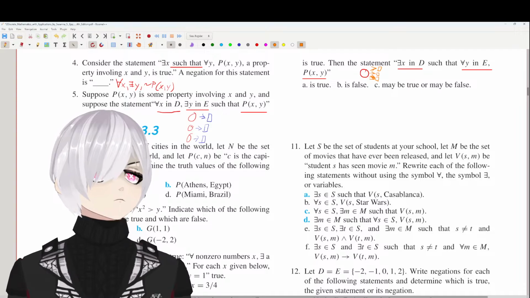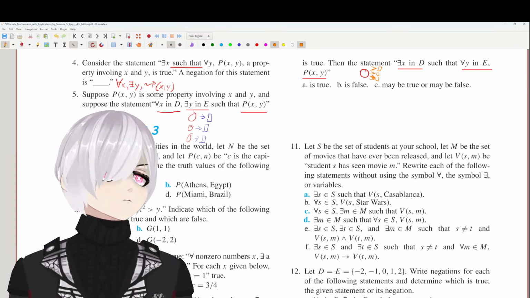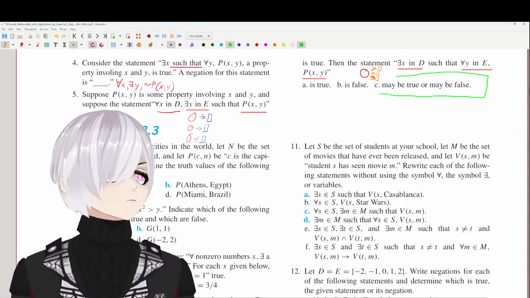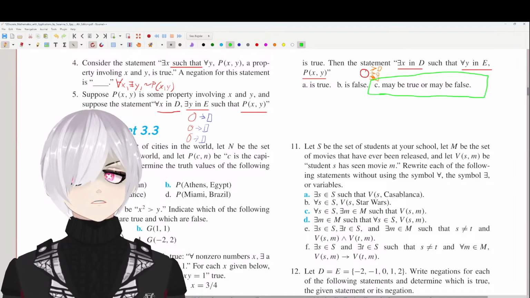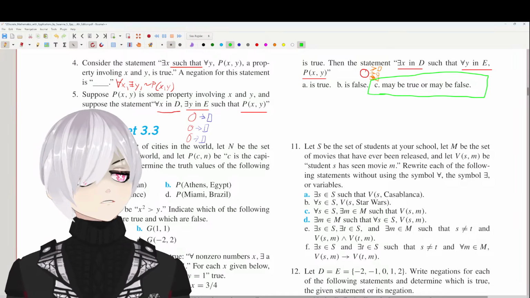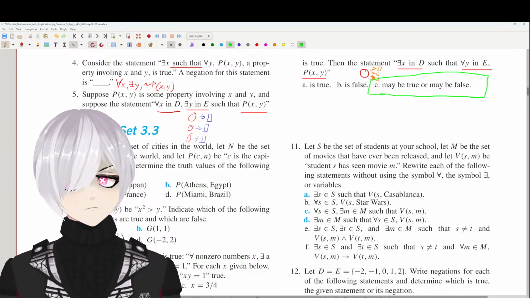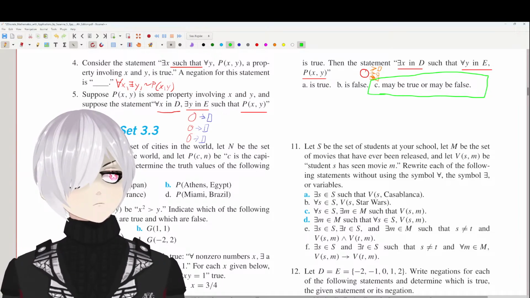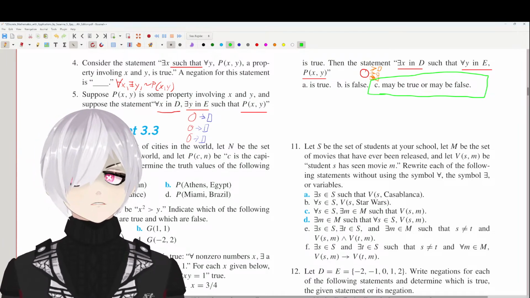So given that the first one is true, what could we conclude about the second one? It might be true, it might also be false, like in the example you found earlier, with the world where there's just one square and one triangle, and P(x, y) is that they have different colors.